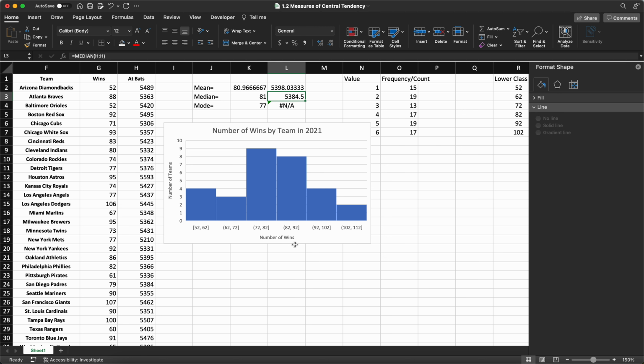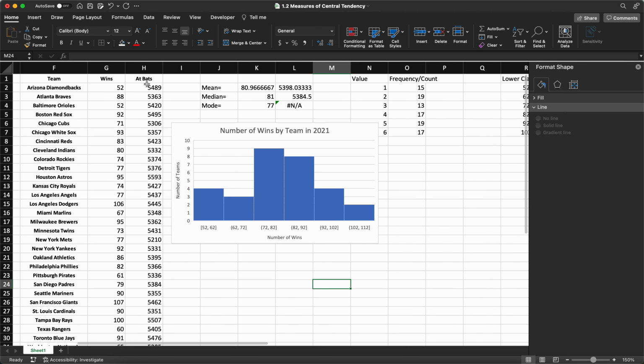So 15 out of 5,400 is less than 0.3%. 0.3%, not 3%, 0.3%. So that's hardly any difference in the grand scheme of the data set. And so I would say that the mean and the median are also very close together for this data set.